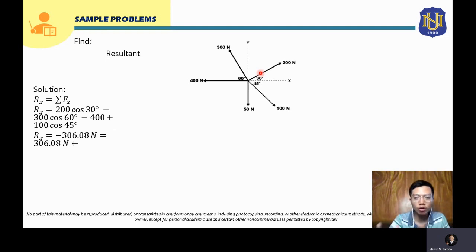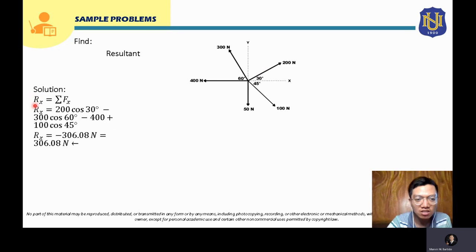If the force is directed to the right, the horizontal component will be positive, but if it is directed to the left, the sign for the horizontal component will be negative. And if it is directed upward, that will be positive, and if it's directed downward, that will be negative.